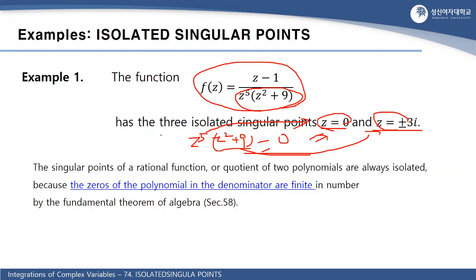In general, singular points of a rational function or quotient of two polynomials are always isolated. Okay, let's check it more closely with this example.